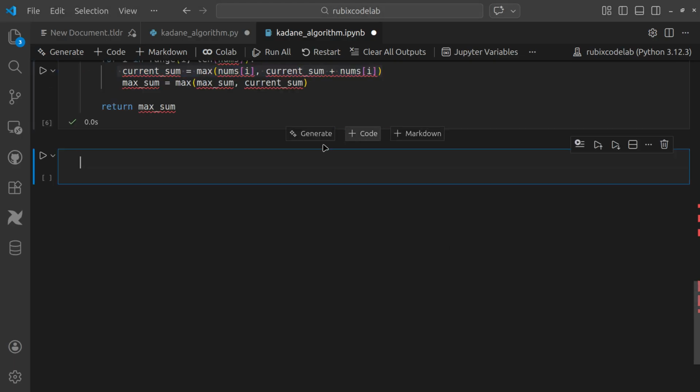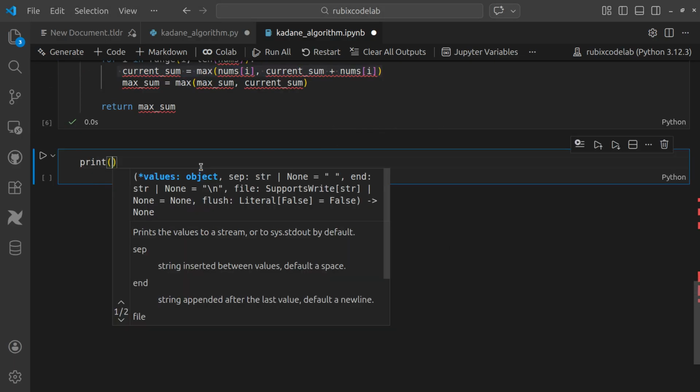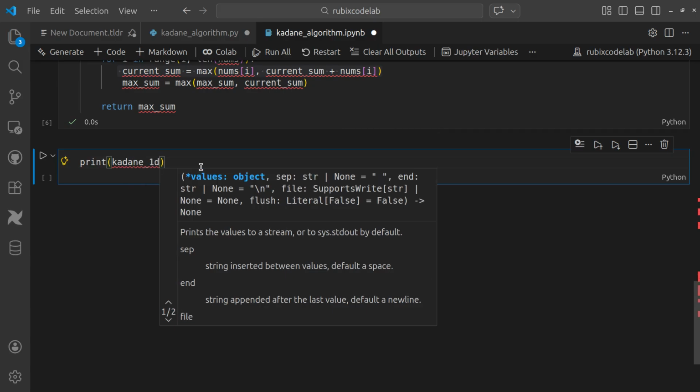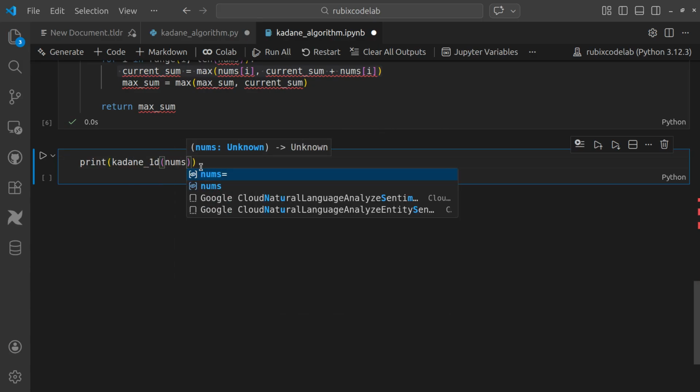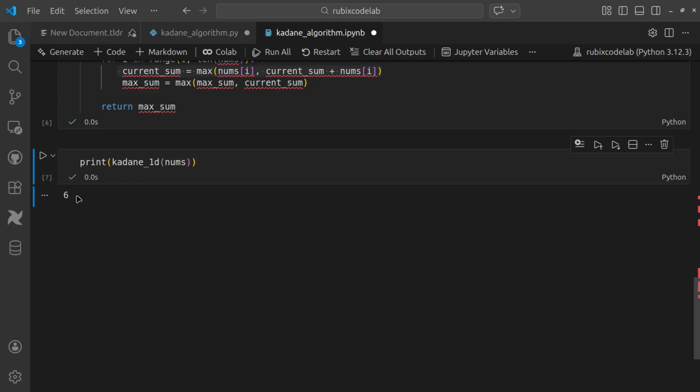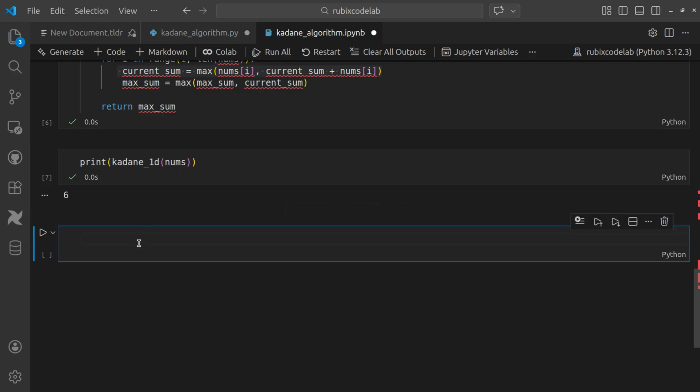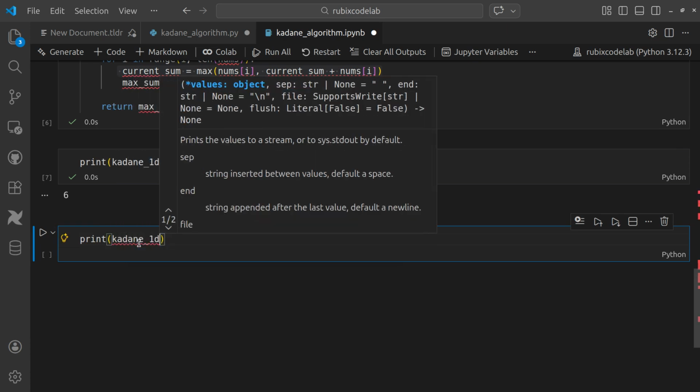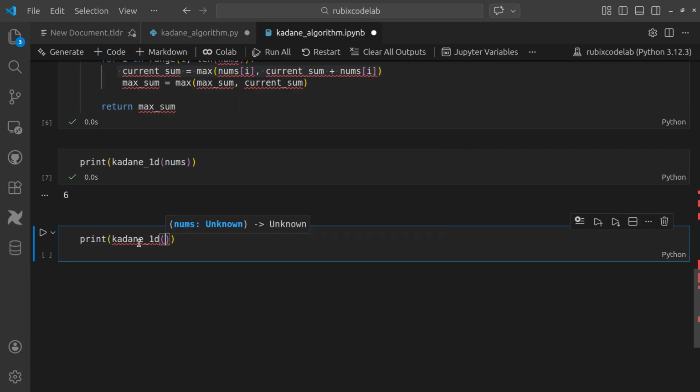Let's try to run and see. Well, it still gives you the answer. Now let's take another array, -5, -2, -8.